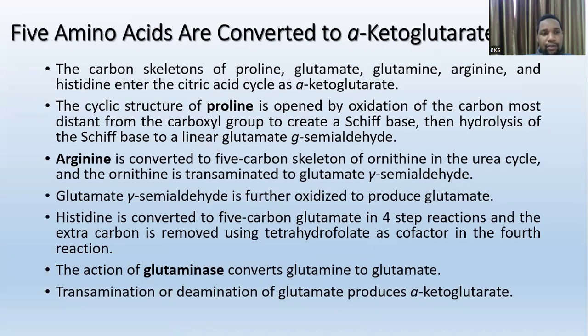Okay, so our next reaction, as our next class will start with, is the five amino acids converted to alpha-ketoglutarate. So I will advise you to take your time, please, and read this. I will try and see when I can, so that I will just give a summary. See how I'm taking my time to go through this and talk about each reaction and what happened in each reaction.